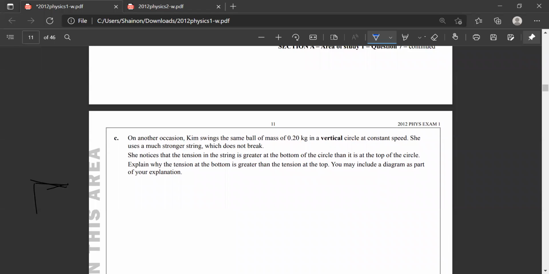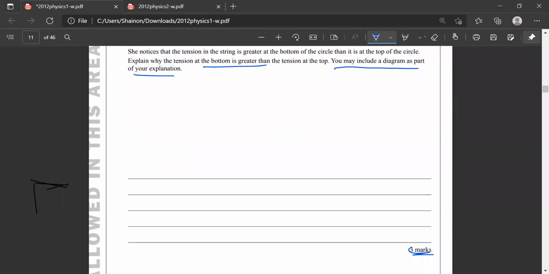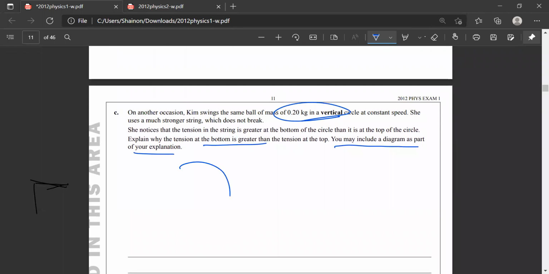Another question: explain why the tension changes. I feel like for these type of questions, drawing a diagram really helps, and you should take the hint. Use a diagram as part of your explanation because it's 3 marks. So just draw a circle.